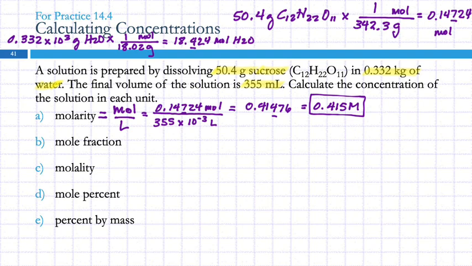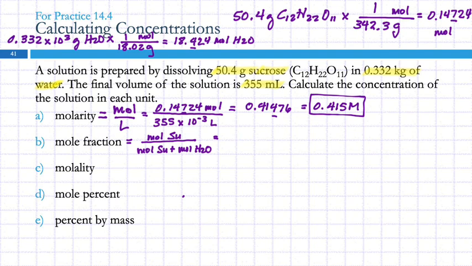So mole fraction, this is going to be moles of sucrose. I'm going to call sucrose Su, divided by moles of sucrose plus moles of water. I need the total moles, everything in the solution.